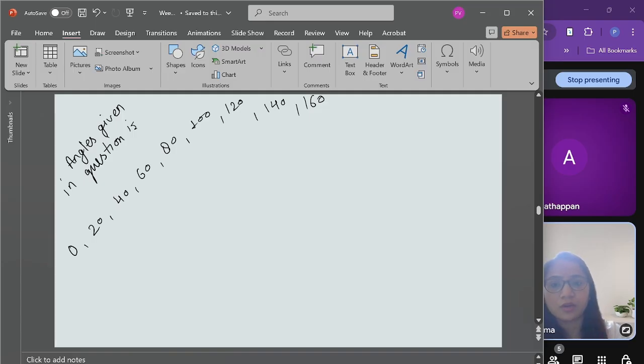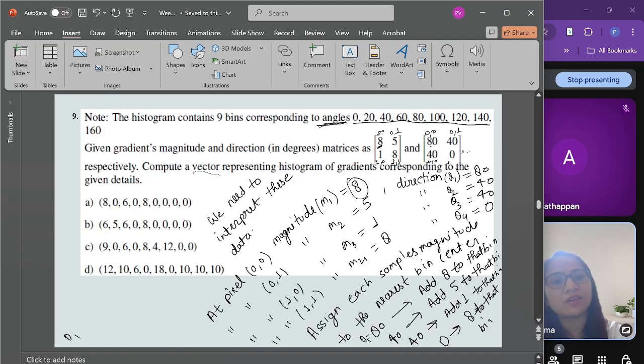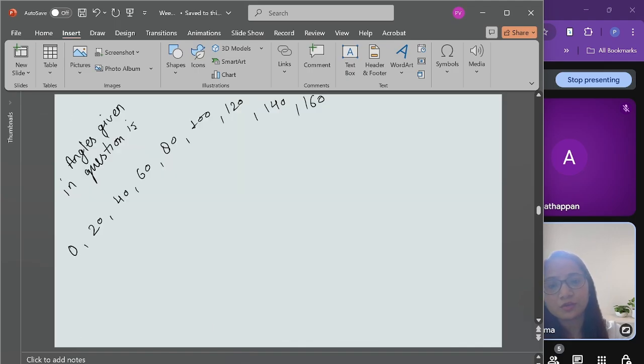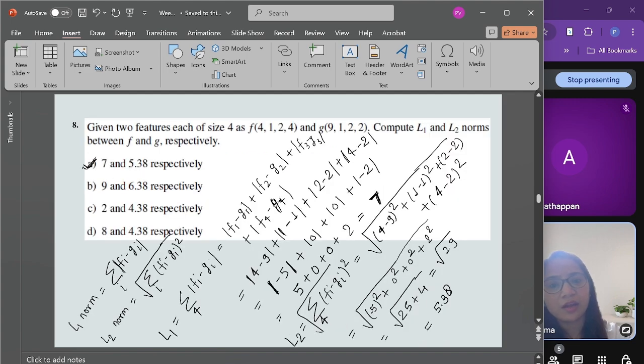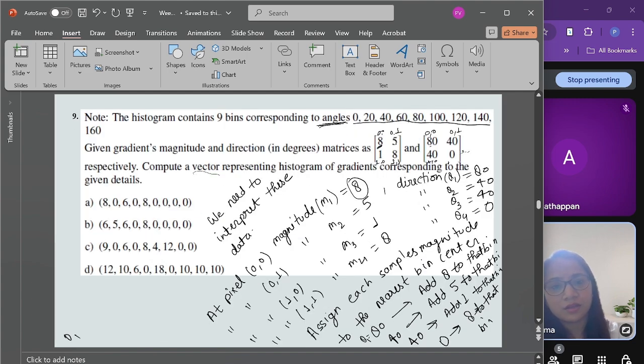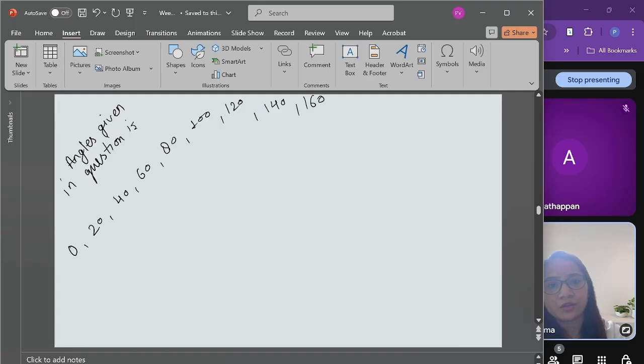The magnitude and the angle or direction matrix are also given. So from the matrix we interpret that when a direction comes, we add that magnitude. When angle 0 comes, we have to add 8 to that bin, so 8 plus 8.